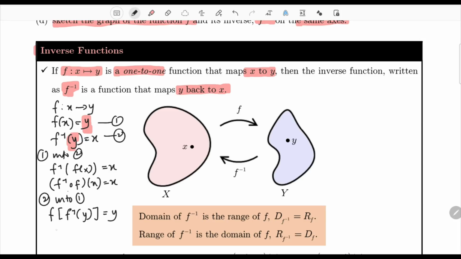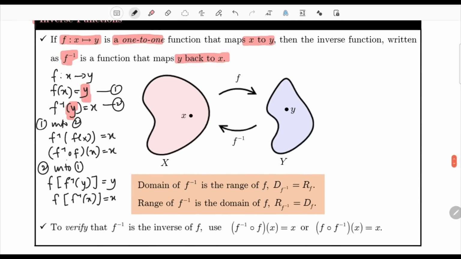Rewriting it in x form, f of f inverse x equal to x. That's how you get the formula.